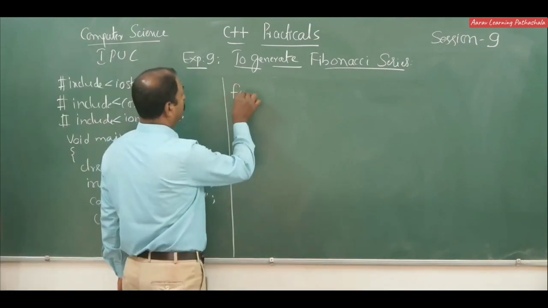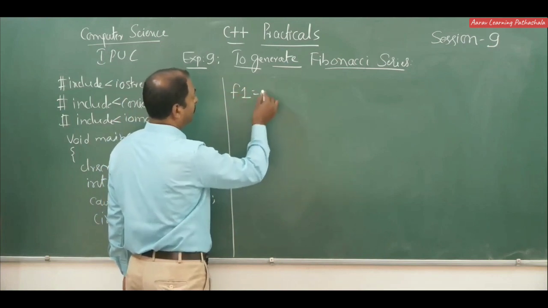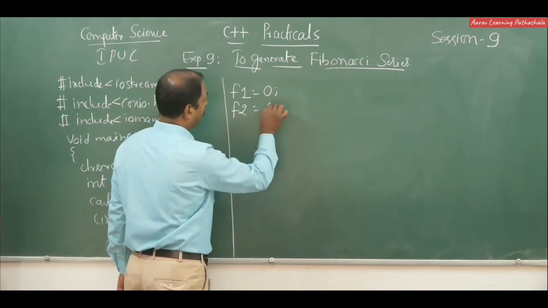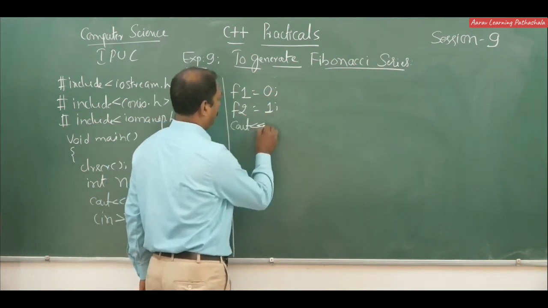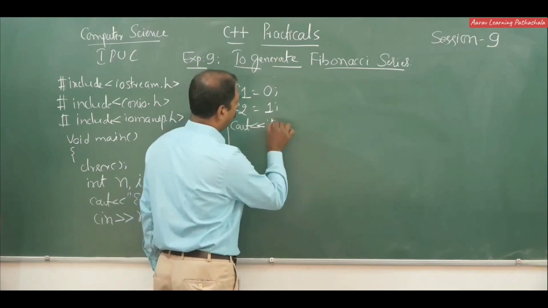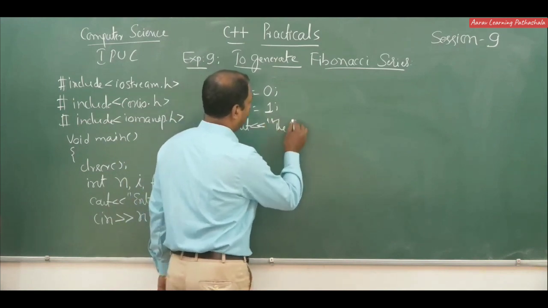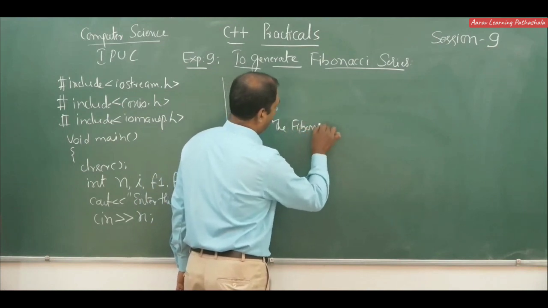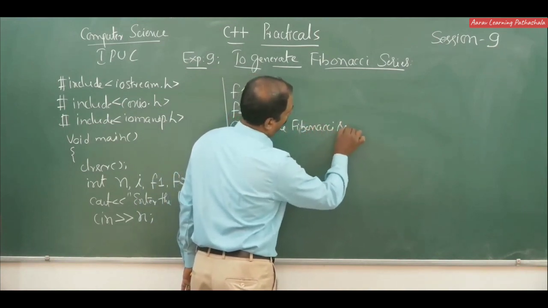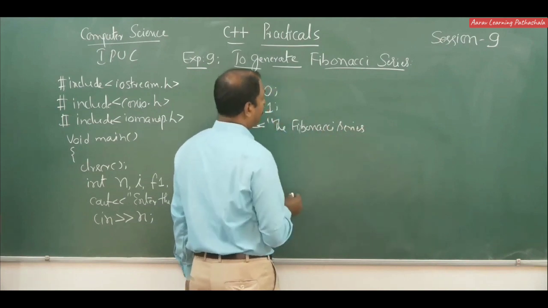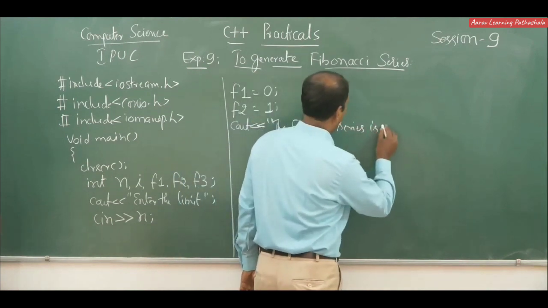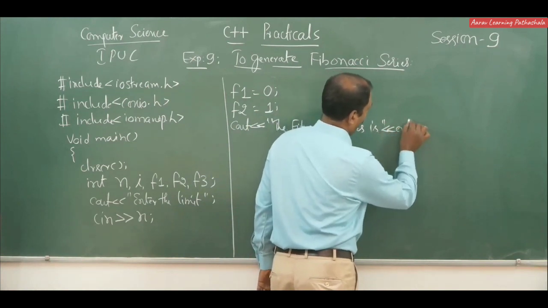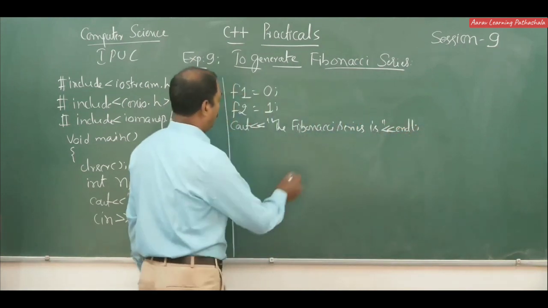Next let us assume that the first number f1 will be 0 at the beginning and the second term f2 will be 1. Then cout, the Fibonacci series is, close the quote, endl.